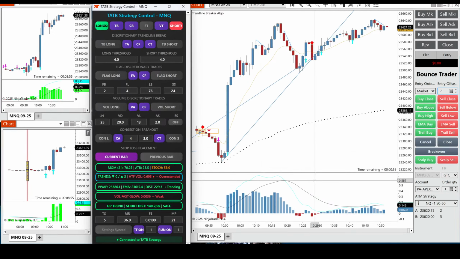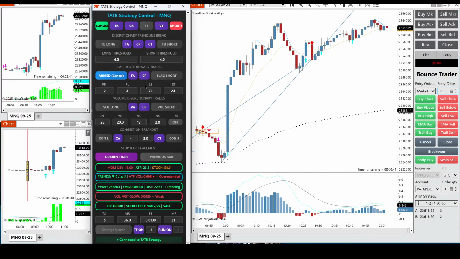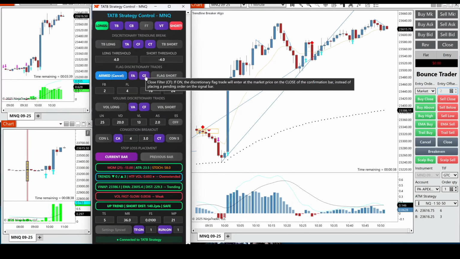So what do we think? I will enter flag long with this close filter.